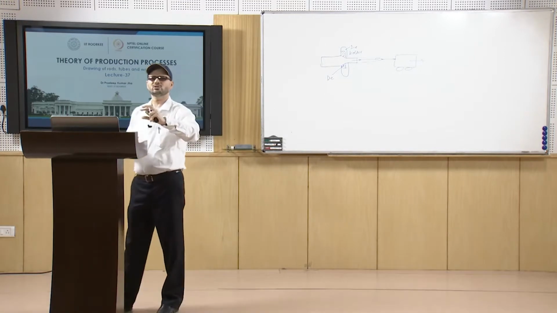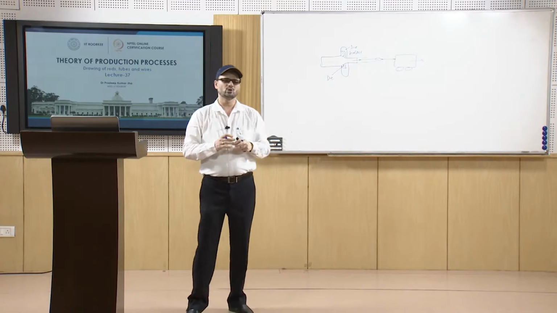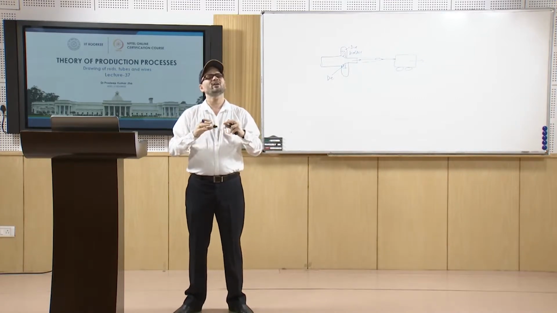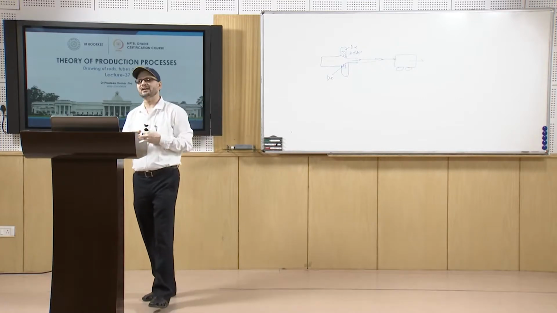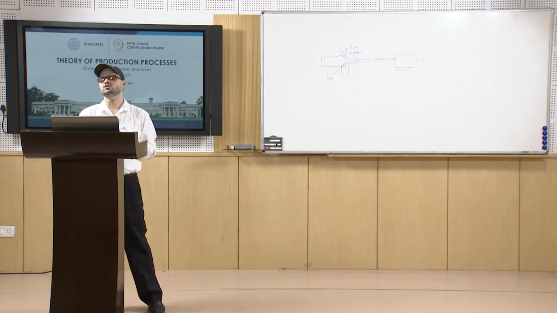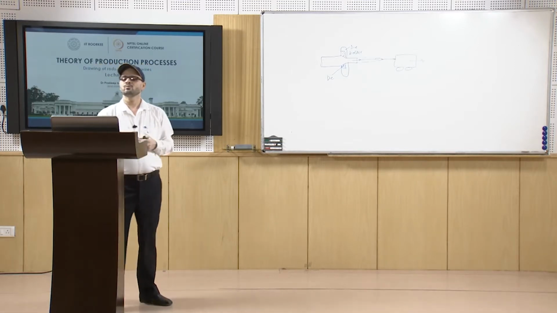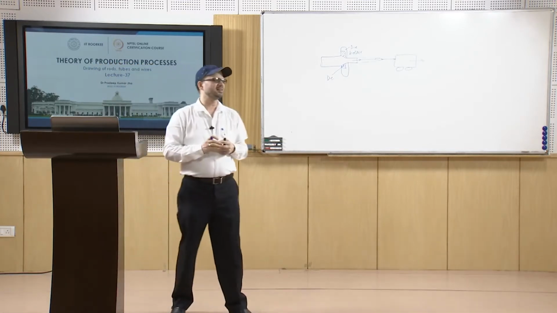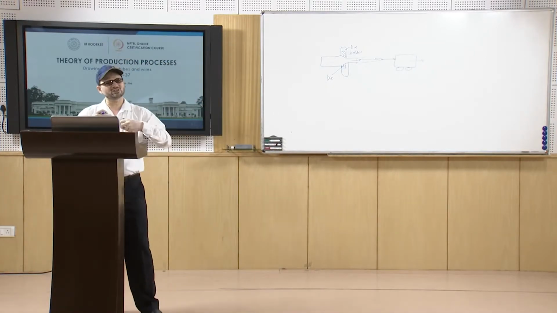Now, as we discussed, when we talk about rod drawing or wire drawing, the difference between rod and wire is that when the diameter is less than 5 mm, you call it wire. That is basically done on the multiple die machine.